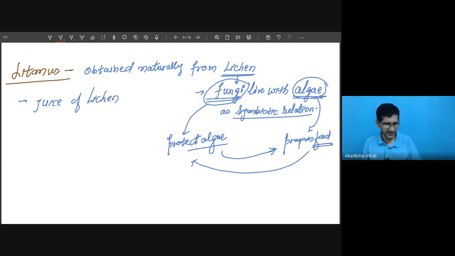If you are taking the juice of this lichen, then this juice is purple in color. This lichen, naturally occurring, is purple.